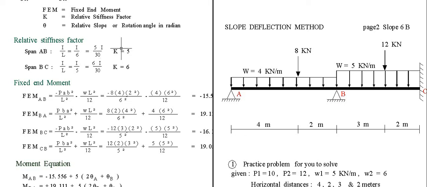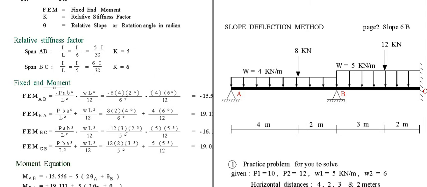So the K for AB is 5. The K for BC is 6. So BC has a higher stiffness factor than AB: 6 compared to AB, which is just 5.